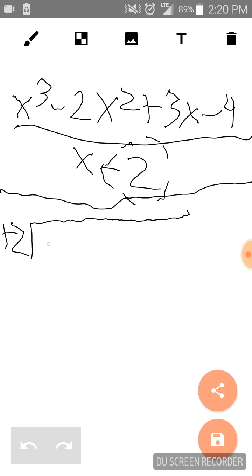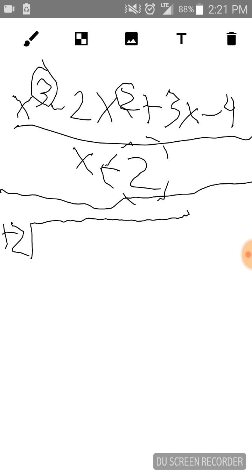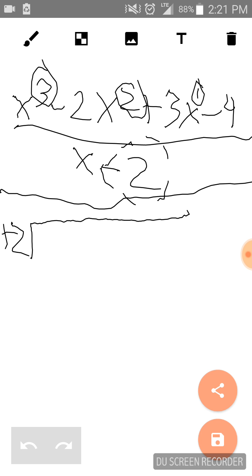Next is your numbers inside the area. How you figure out what goes inside is by looking at the x's that you have on top. You don't have to worry about the terms because every single x has a term. So you have 3, you have 2, you have 1, and then you just have the coefficient at the end, or just a number.